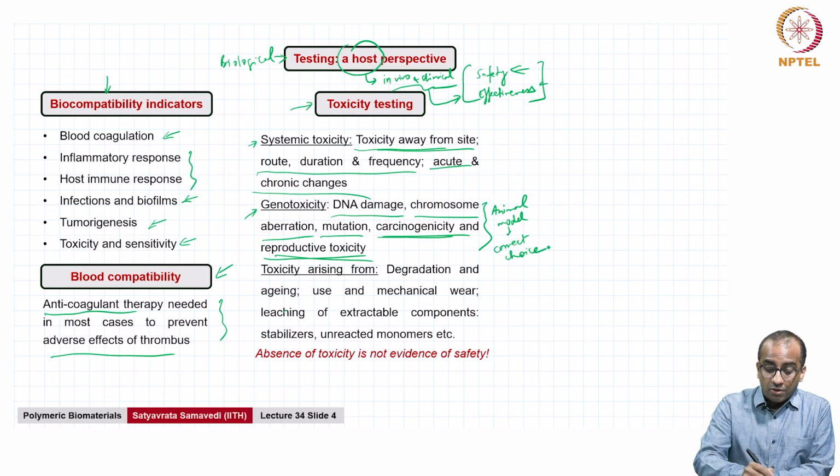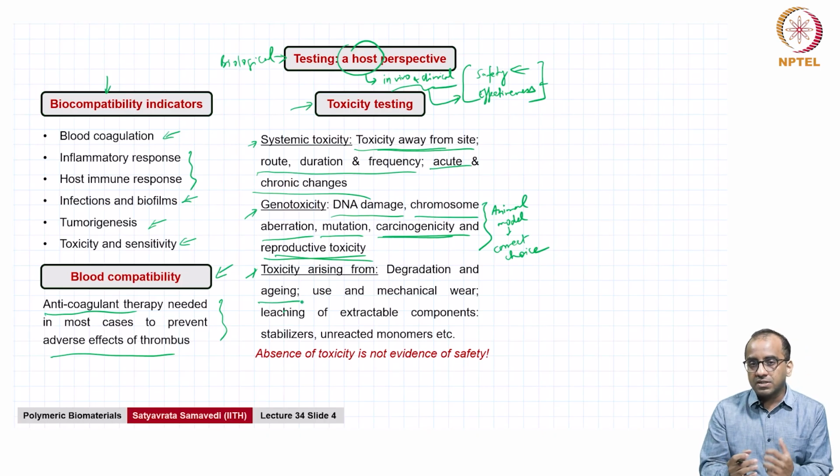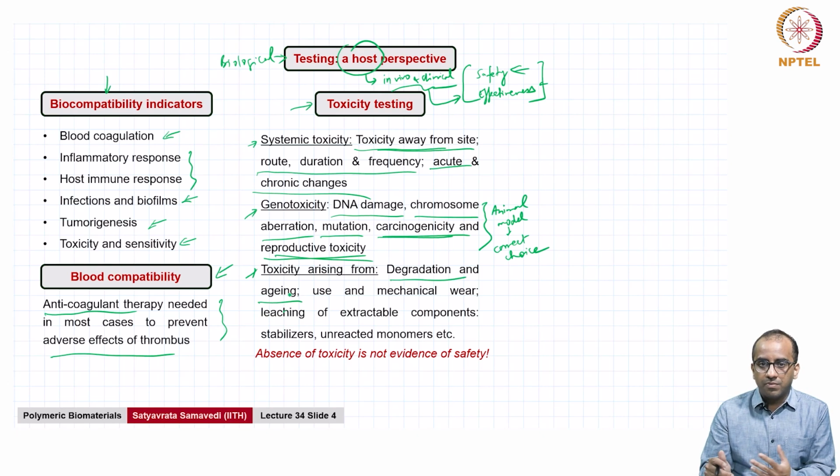You can also have toxicity arising from degradation and aging, and this is essentially once you put the biomaterial or the device into the body, the host is going to act on the material, right? And that can lead to degradation and aging. Just the presence of that foreign material in the body can have its own effects from the host perspective, as we have seen in previous lectures.